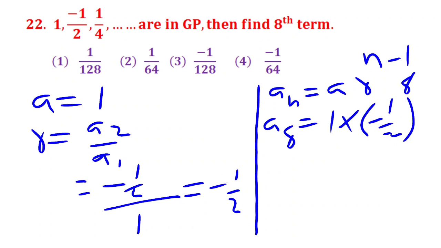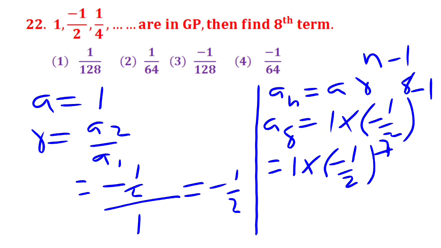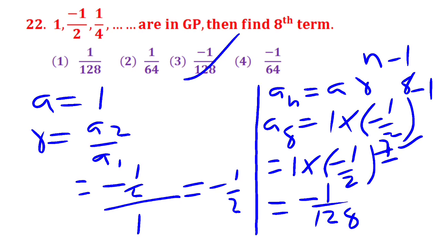So 8 minus 1 is 7. It equals 1 into minus 1 by 2 whole power 7. Apply the power 7 to the numerator and the denominator. So the overall answer is minus 1 by 128, because 7 is an odd number, so we get a negative answer. So minus 1 by 128.